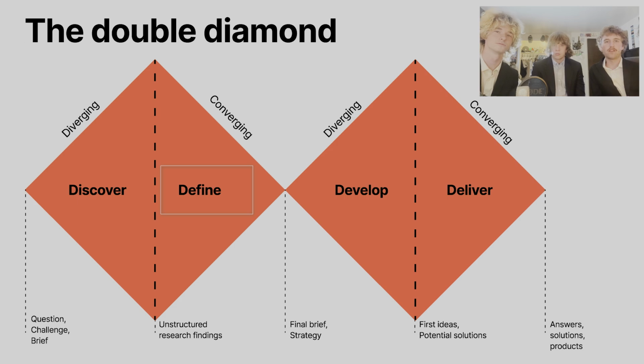At the end of the define phase, you develop strategy to go into the developing phase, which is another diverging phase where you try new things, you get your first ideas out, and you start to look at potential solutions. The deliver phase is the final phase where you put answers, solutions, and products together to solve the problem.